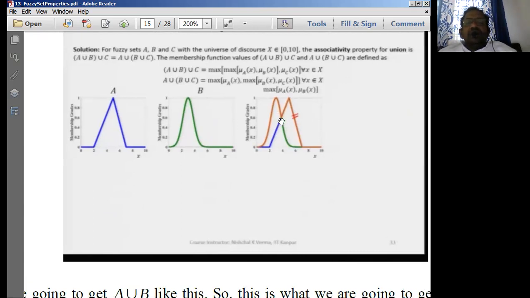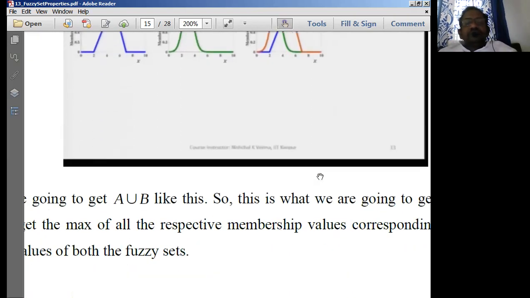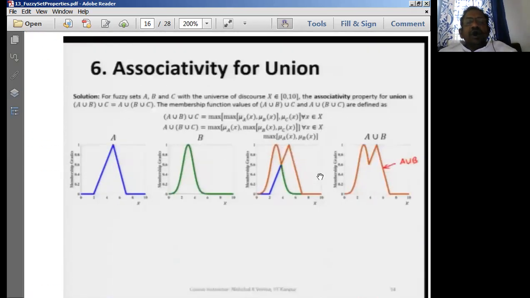After this, A is increasing and B is decreasing. Therefore, whichever is maximum will be the resultant of the union. So we get the same function as earlier, something like this. This is nothing but the max of mu A and mu B we have got.